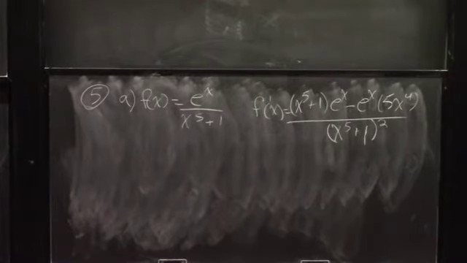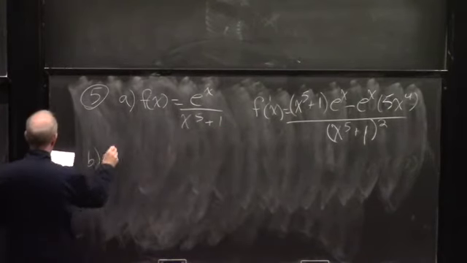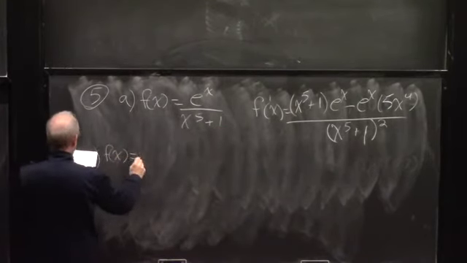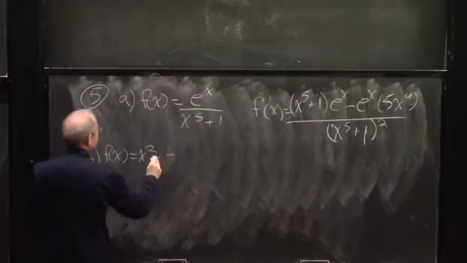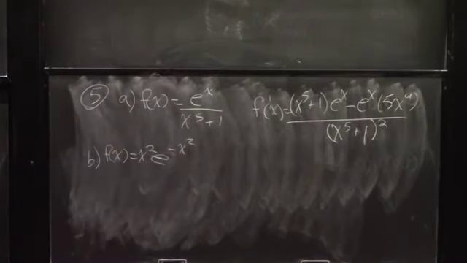Okay? B. f of x equals x squared e to the minus x squared. I think we did this one in class, or we did x squared e to the positive x squared. I forget. I know we did close.